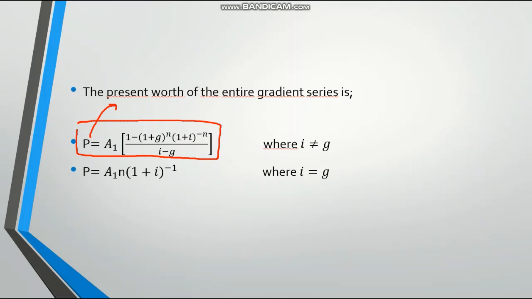But in this one, the interest rate shouldn't be equal to the geometric increase. If it is the same, we need to use this formula, which is P equals A multiplied by N multiplied by (1 plus i) to the power of minus 1, the mathematical formula for geometric series calculations.